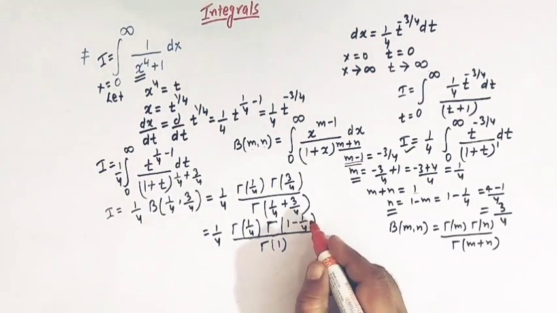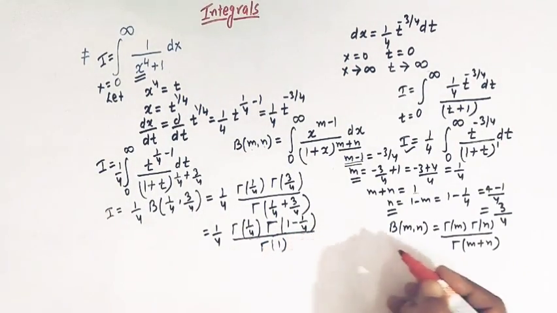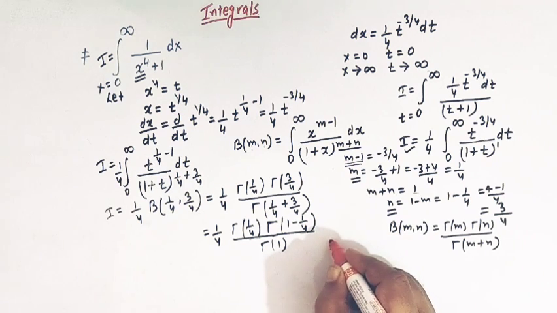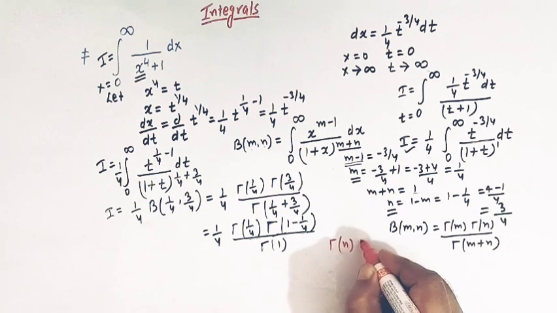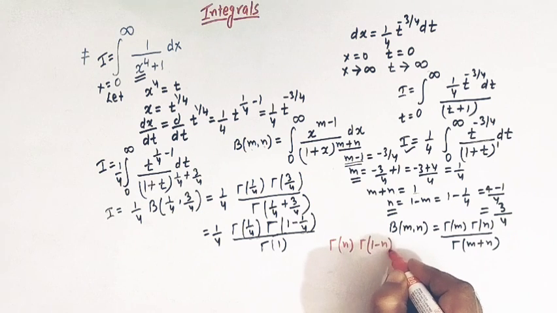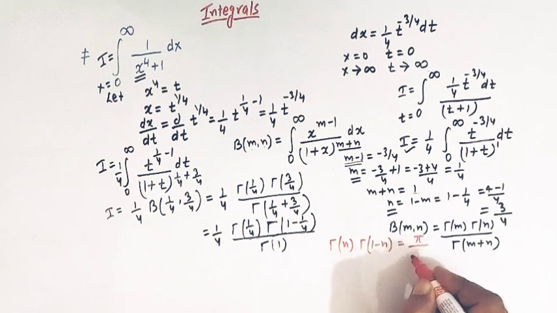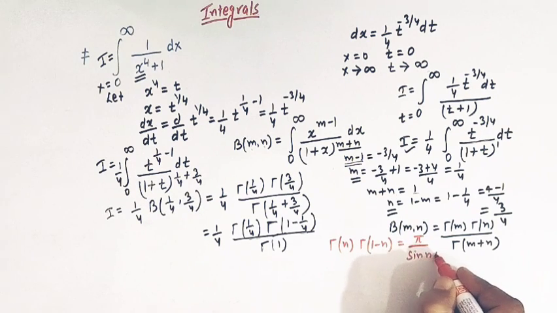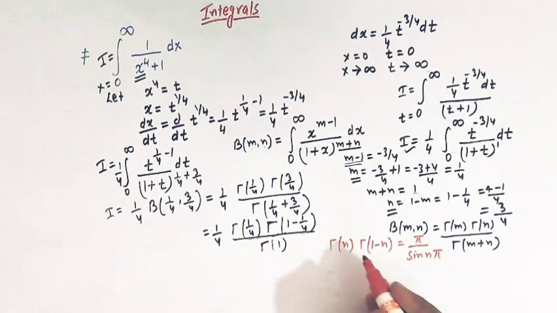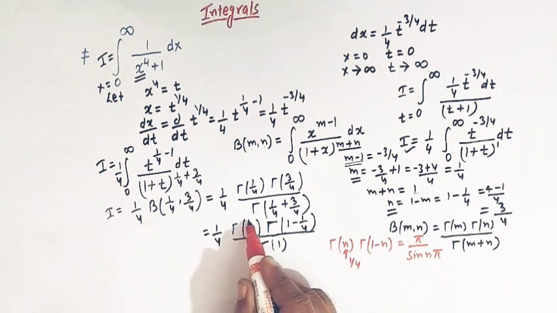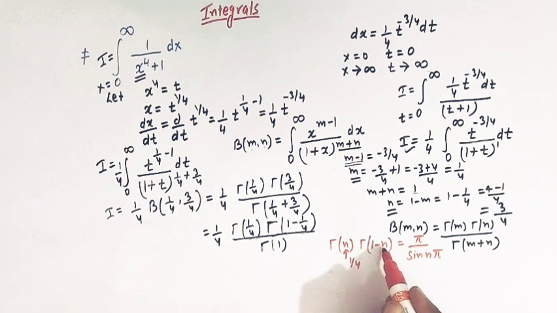So now the Euler's reflection formula reads like this, that is gamma of n, gamma of 1 minus n is equal to pi over sine n pi, right? And now see, if we take this n as 1 by 4, then we have this term, that is gamma of 1 by 4, gamma of 1 minus 1 over 4.